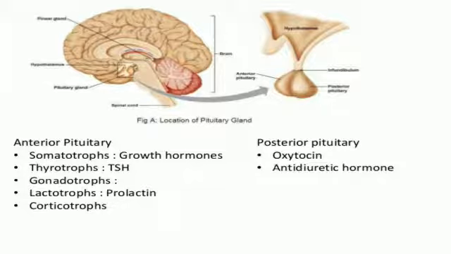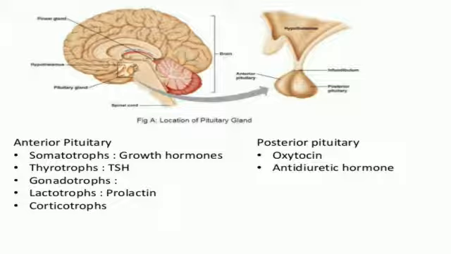The third one is gonadotropes. Gonadotropes are the basophilic cells of the anterior pituitary gland specialized to secrete gonadotropin in response to elevation in intracellular calcium concentration. The fourth one is the lactotropes. Lactotropes are also known as prolactin cells, epsilon acidophils, and mammotropes.